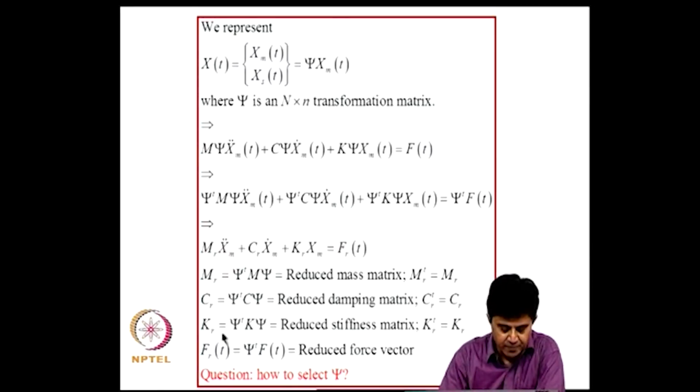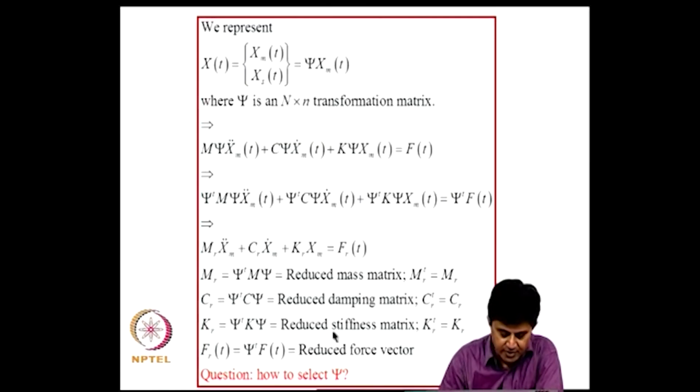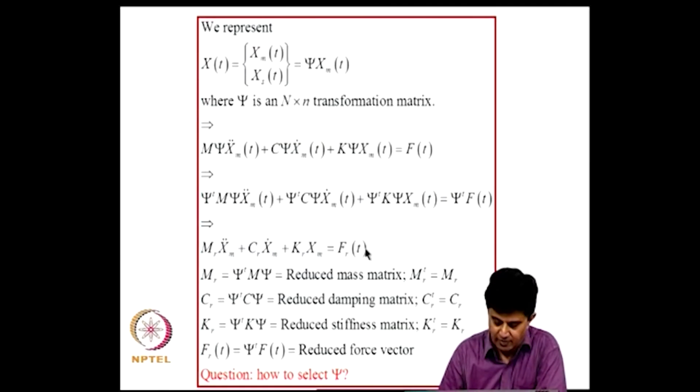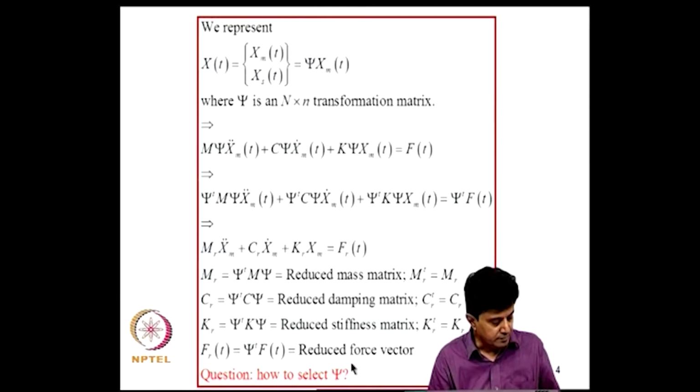Similarly we define the reduced damping matrix and reduced stiffness matrix. We call this quantity F_r of t, psi transpose F of t, the reduced force vector. So, once this is achieved we can analyze this equation using any of the tools that we have already developed. But the question now remains, how do we select this transformation matrix?